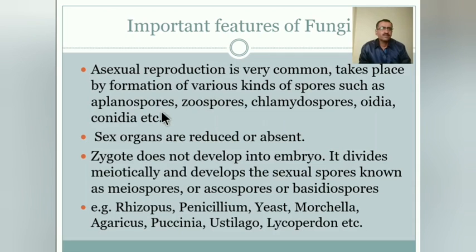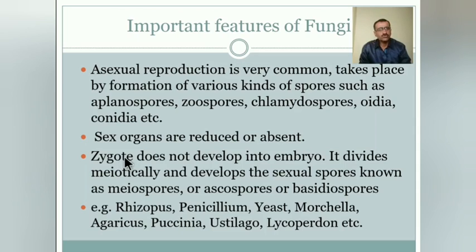Okay, next one is the sex organ. Sex organs are reduced or mostly absent. In true fungi, the male sex organ is known as the antheridium, and the female sex organ is known as the oogonium or ascogonium.